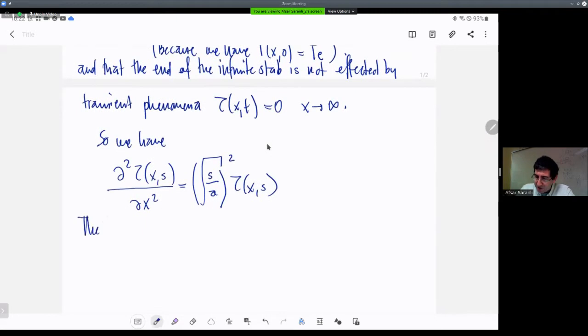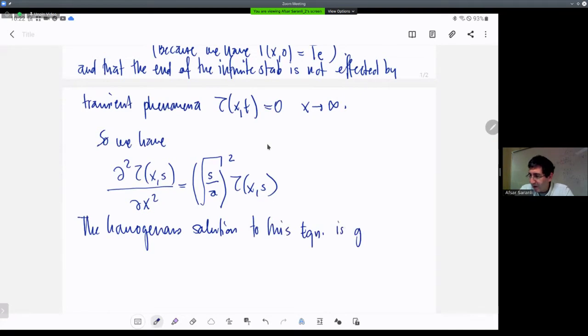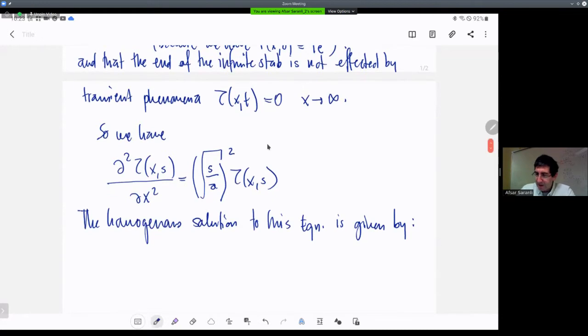So the homogeneous solution to this equation is given by, maybe you might remember this kind of trials or this kind of proposals for a solution from your differential equations courses.